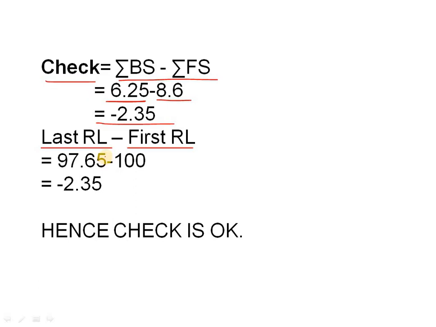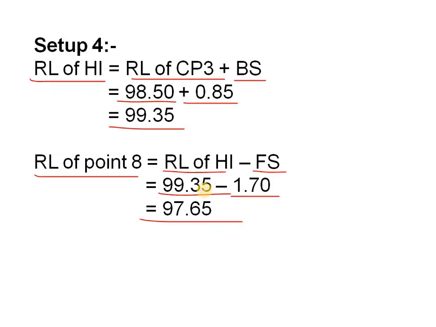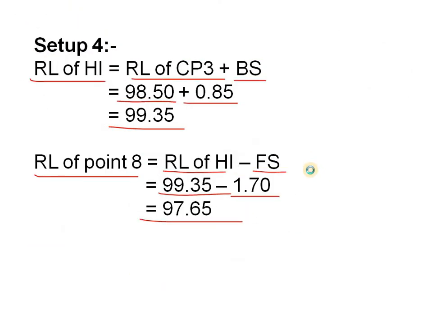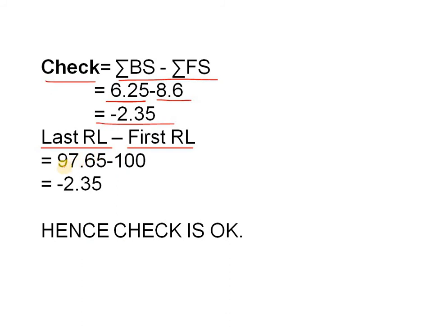We can see in the table that the last RL is 97.65 and the first RL is 100. So 97.65 minus 100 is equal to minus 2.35. Hence these two answers are the same.